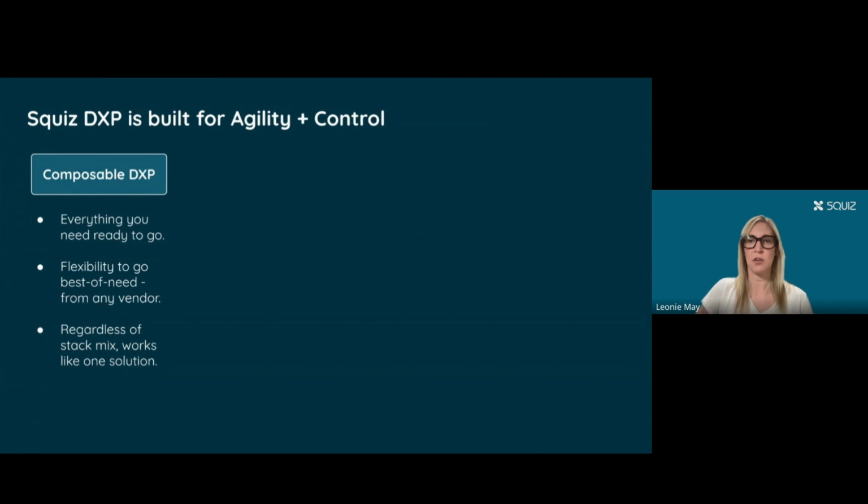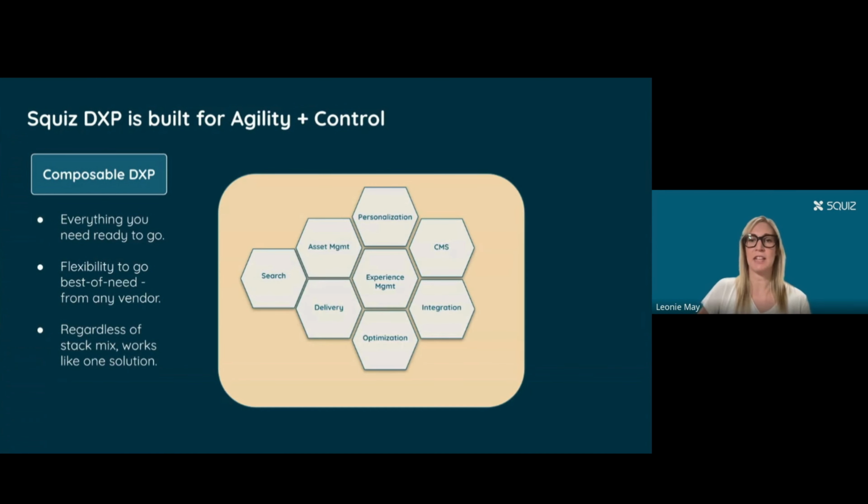So how can you achieve your business goals? The Squiz DXP is built for agility and control. Now, the Squiz DXP is truly composable, which means you get everything you need ready to go. This includes the core capabilities you need to build your brilliant experiences fast. You have the flexibility to go best of need from any vendor.